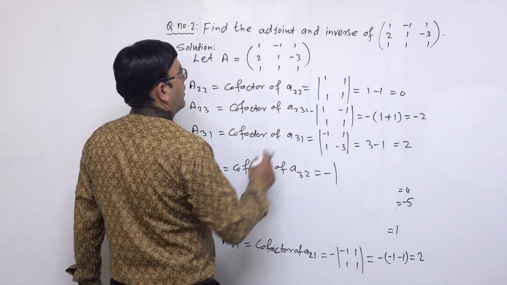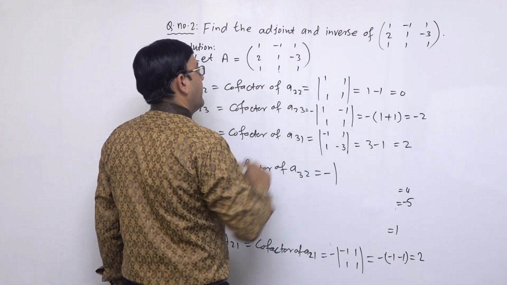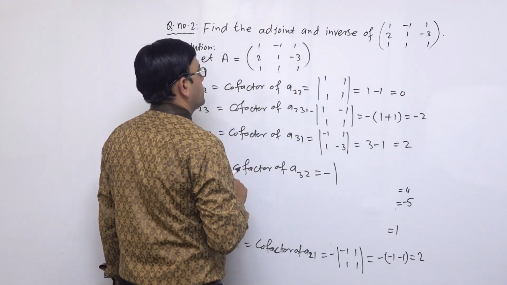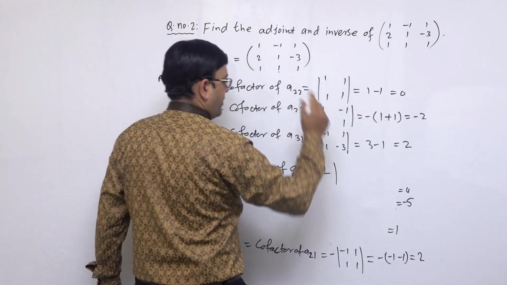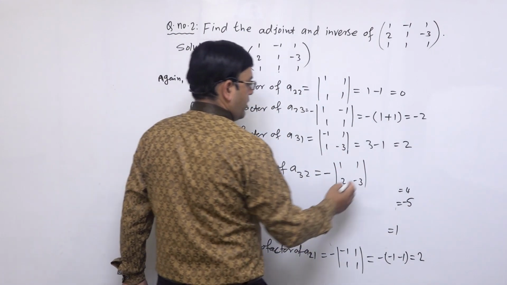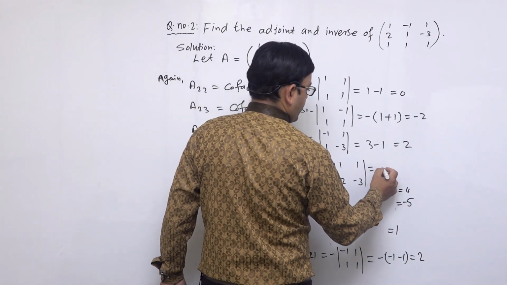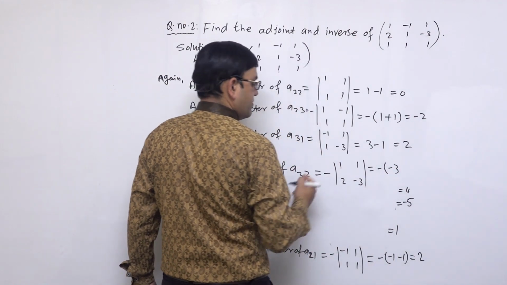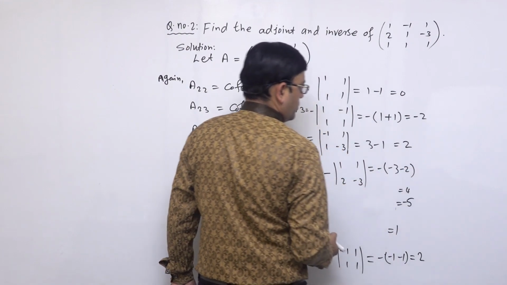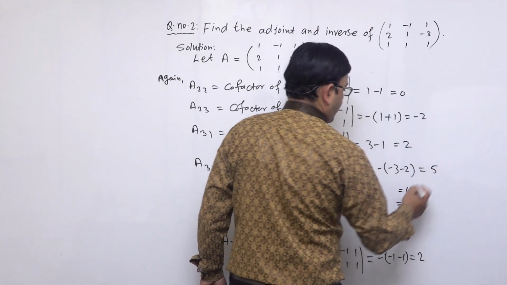With this row and this column out, we have 1 1, 2 minus 3. So its answer is minus times: minus 3 times 1 is minus 3, minus 2 times 1 is minus 2, so this one is minus 5, and minus times minus is plus 5.